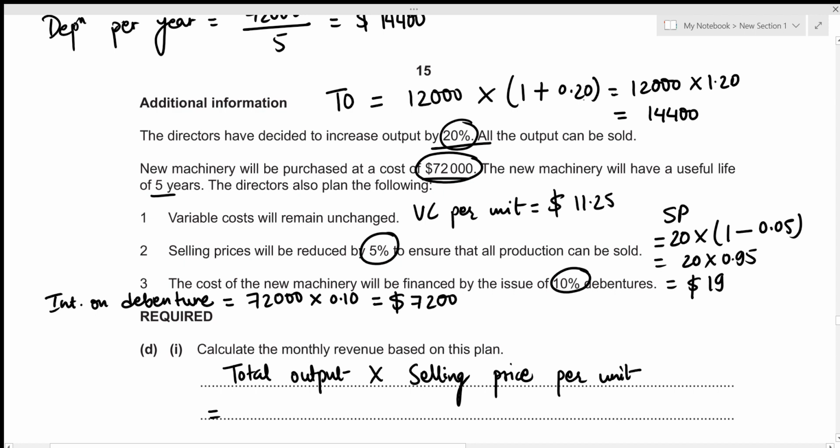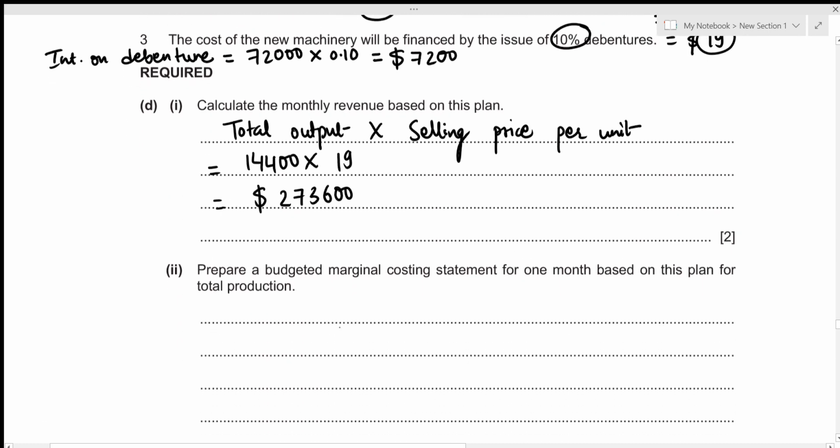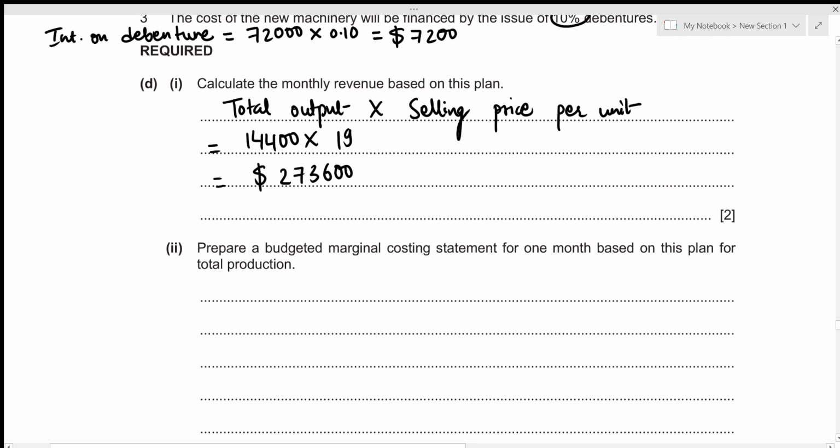We can see that we figured out the total monthly output to be 14,400, and we figured out our selling price per unit to be 19. So this gives the monthly revenue based on this plan to be 14,400 times 19, which results in the value of 273,600.